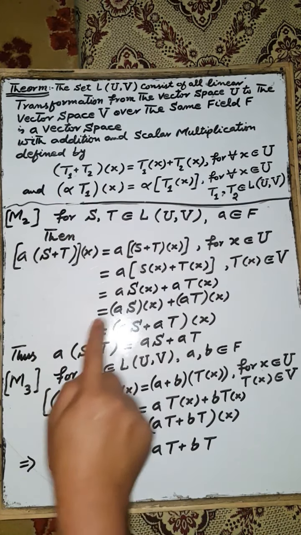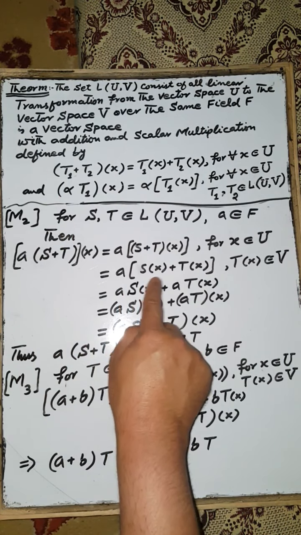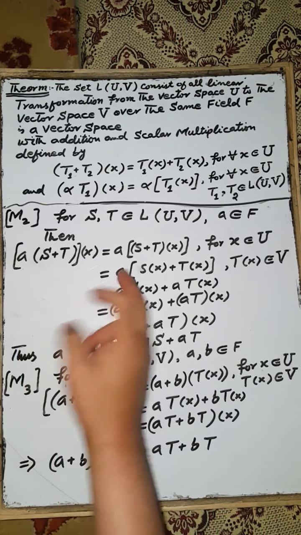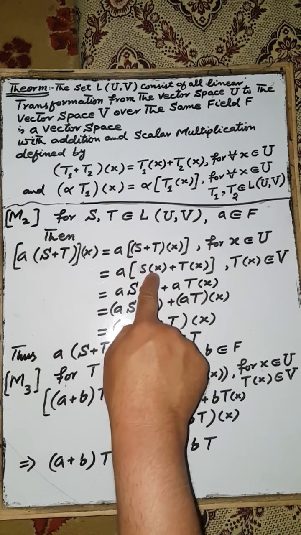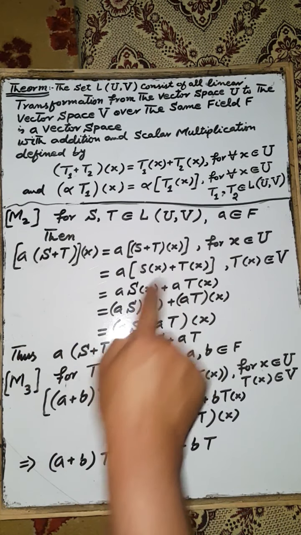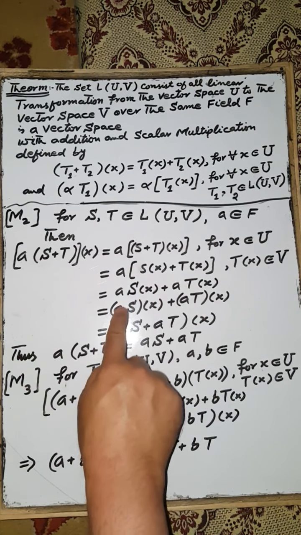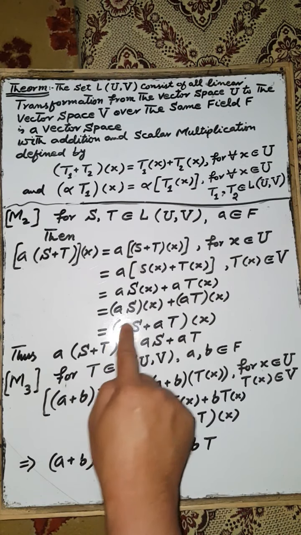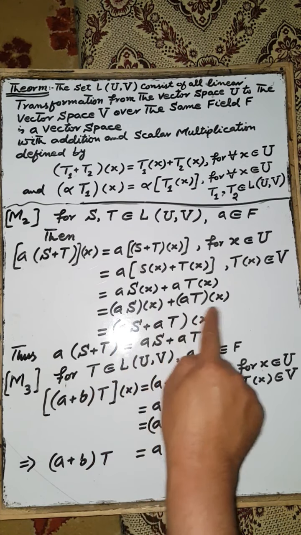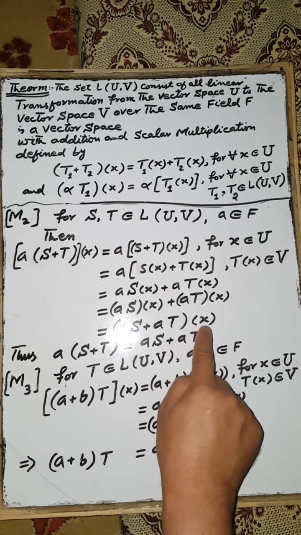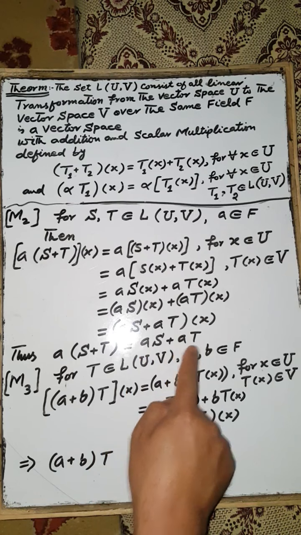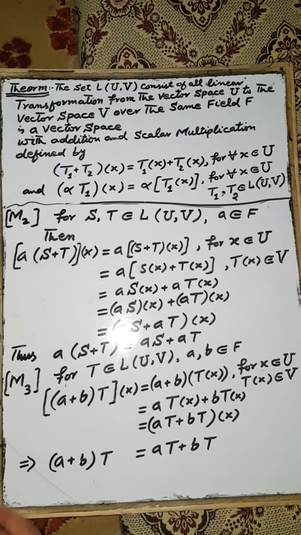According to the first condition, A multiplied by (Sx + Tx), or multiplying A to both terms, where Sx and Tx are elements of V, we have A Sx + A Tx. That is, A multiplied by (S + T) is equal to AS + AT. The next condition is satisfied.